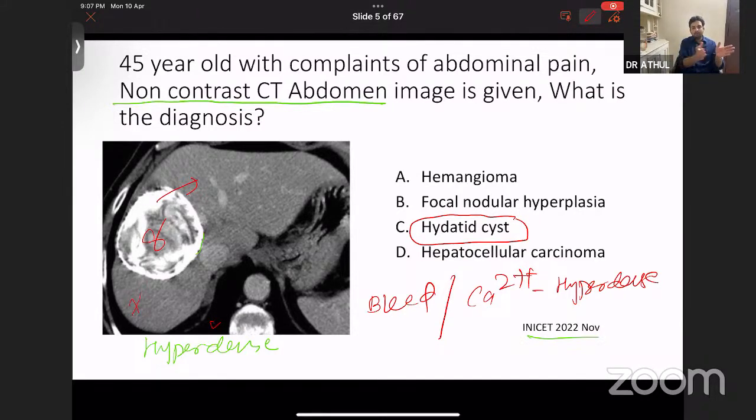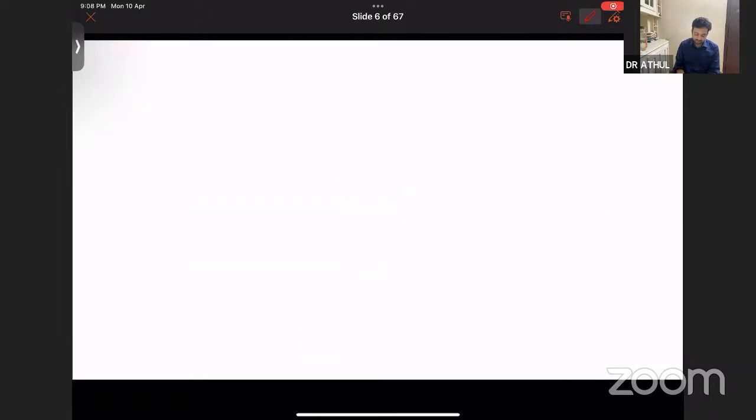And if you go through the previous year questions, you will see multiple questions regarding hydatid cyst. So before going to the exams, you should read the pathology, microbiology, pharmacological, management, and radiological parts of hydatid cyst. Then only you will be able to score best in the exam, because in INI-CET patterns they repeat the important topics again and again. In last year's options, they gave hemangioma, FNH, hydatid cyst, hepatocellular carcinoma, etc. So you should know how to differentiate all these things.